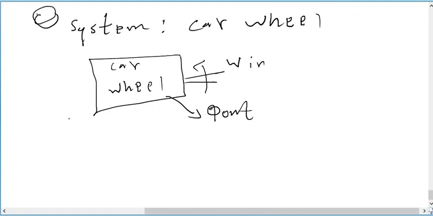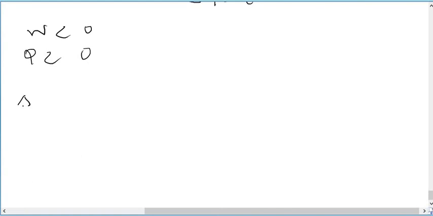So work is coming in, so work is less than 0, and heat is out, so Q is less than 0. So we apply the first law of thermodynamics. dE is the heat minus the work, that is something less than 0 minus something still less than 0.